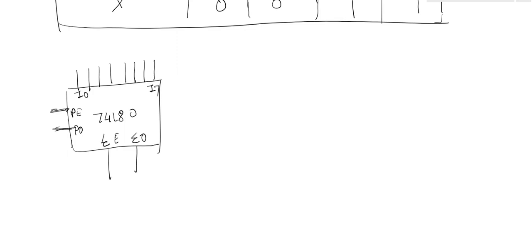Now for the active high parity, the PE bit will be connected like this. It is the 9th data input.